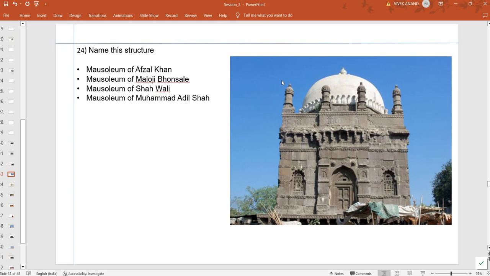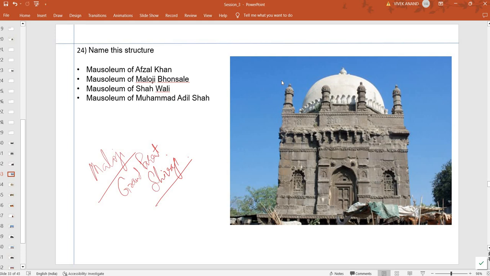Maloji Bhosle was one of the grandparents of Shivaji. Okay, so at that time in the 18th century, the early Maratha architecture, which we discussed earlier, was influenced by Sultanate architecture, right?